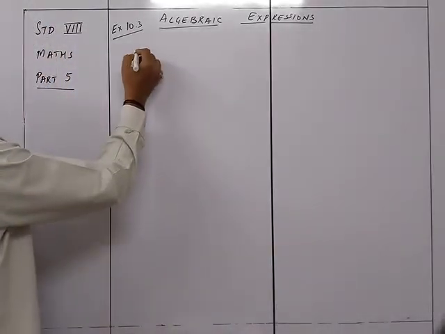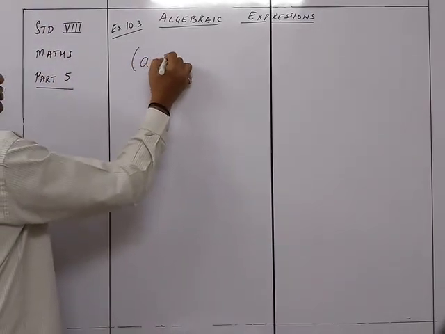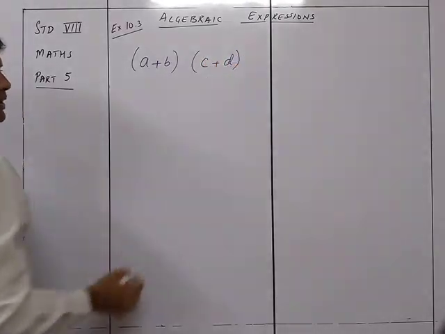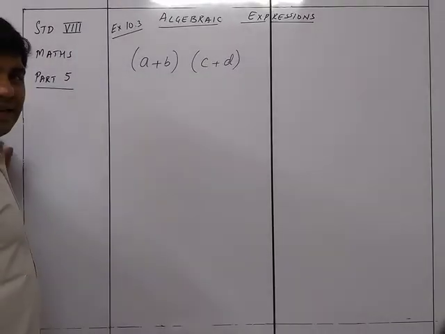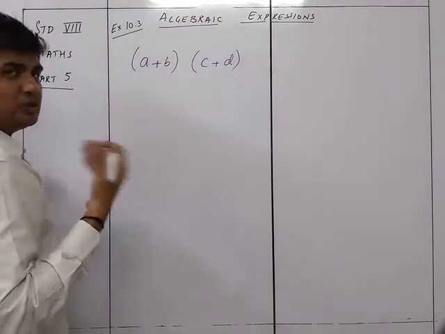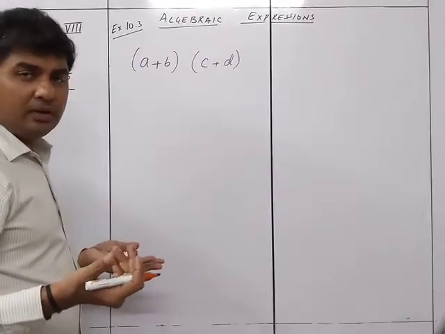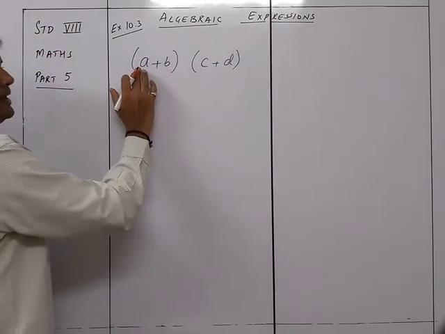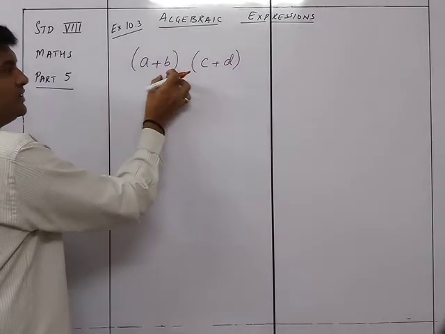So first thing is, if I got A plus B multiplied by C plus D, in this case, what I'll do is, I will split the first or the second bracket. It's my choice. I can split any of them. So suppose I split the first bracket into two parts and then multiply the first thing with this one and the second one this way.